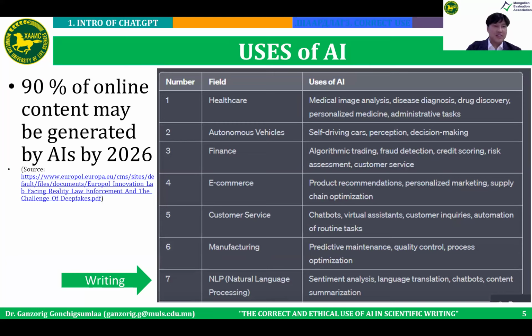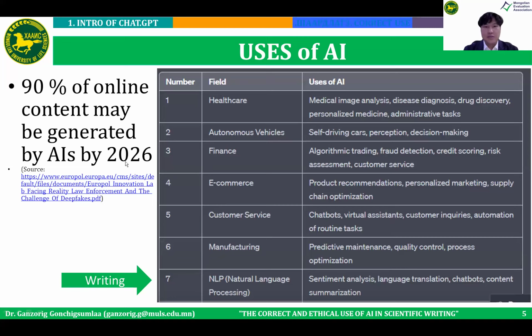So these are statements that in the next two or three years, online content may be based on AI, but there's still lots of AI-based content already, so people are really confused now about which content is generated by AI and which content is really made by a person.